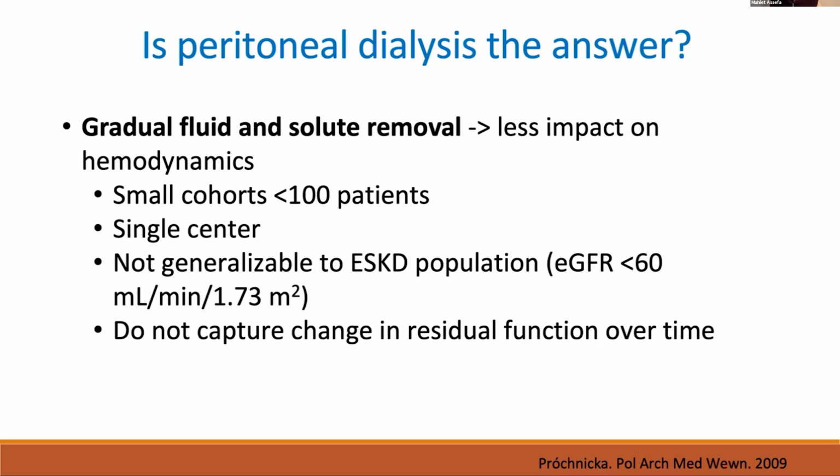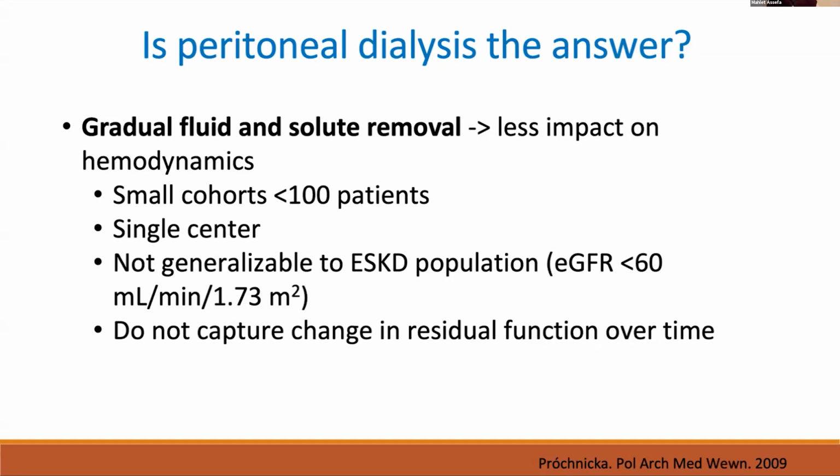There are a couple of really interesting studies, particularly coming out of, I think, Spain, wherein PD was looked at in patients with eGFRs less than 60 that were diuretic resistant, but not necessarily folks that met ESKD criteria. So not necessarily generalizable to the ESKD population.